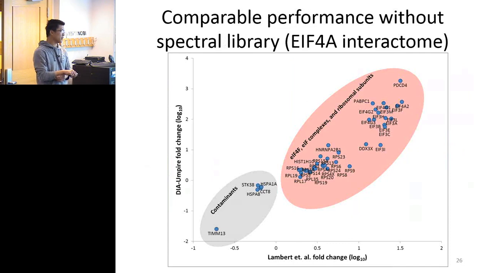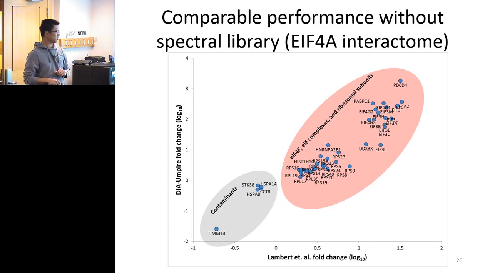They also used a SWATH DIA experiment, but the way they did it is they built a spectral library and then did the quantification. Here we just want to show that using DIA-Umpire, you don't need a spectral library, but using the whole pipeline, you can essentially get a similar quantification result.